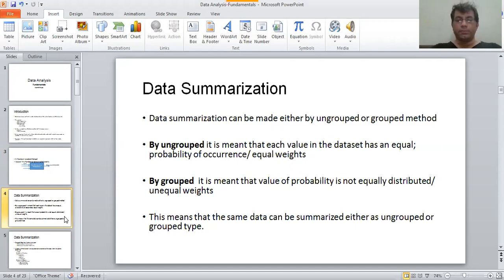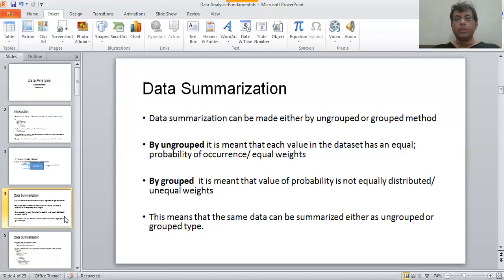What do we mean by it? By ungrouped data statistics, it is meant that either the data is in this way or we are deliberately taking it in this way that each and every single value in the data set has an equal chance of occurring at the output. They have equal weights.